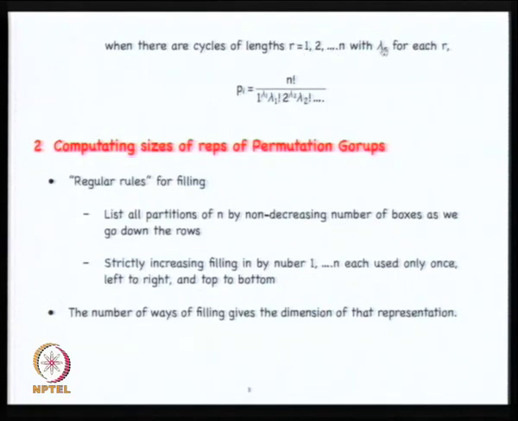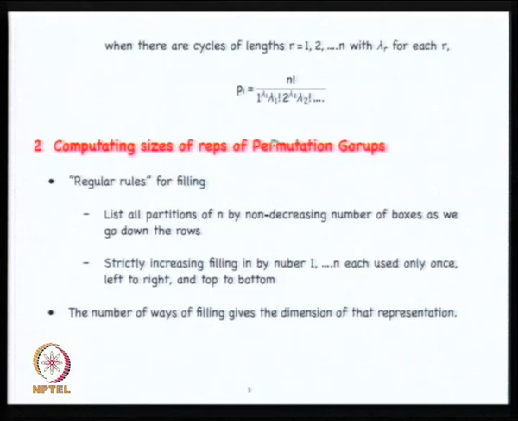So, lambda r is the number of cycles of size r, then the number of elements in that particular conjugacy class is given by n factorial divided by lambda 1 factorial times 1 to the lambda 1, times lambda 2 factorial times 2 to the lambda 2, etc. This formula we had not actually derived, but it is not very difficult to check this formula from just the definition.